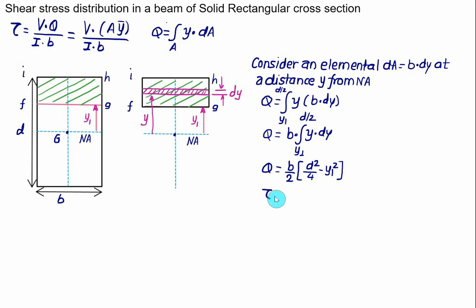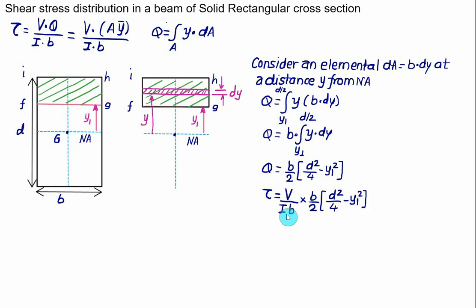So in this case, the shear stress tau will be equal to the shear force V divided by I. At a given distance y1 from the neutral axis, the width is equal to b, a constant value, multiplied by Q. Q will be equal to b divided by 2 multiplied by d square divided by 4 minus y1 square.